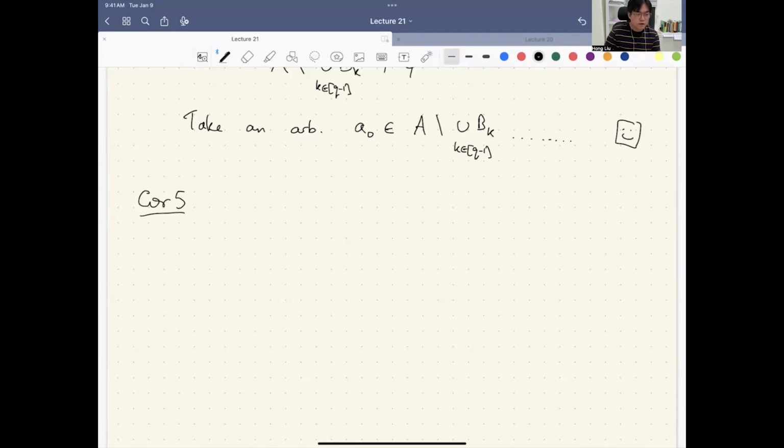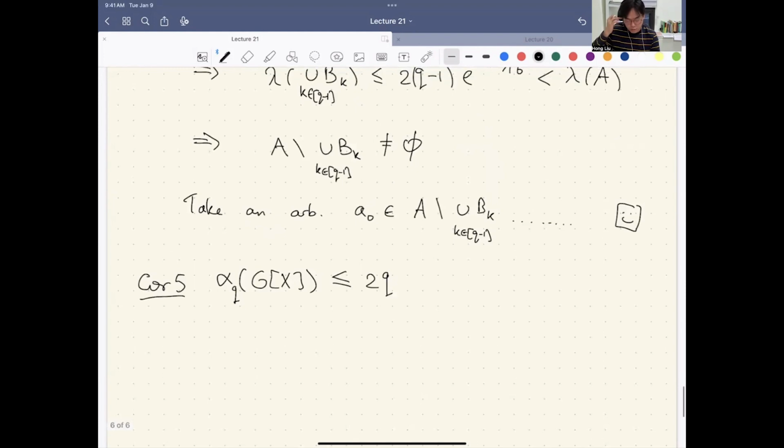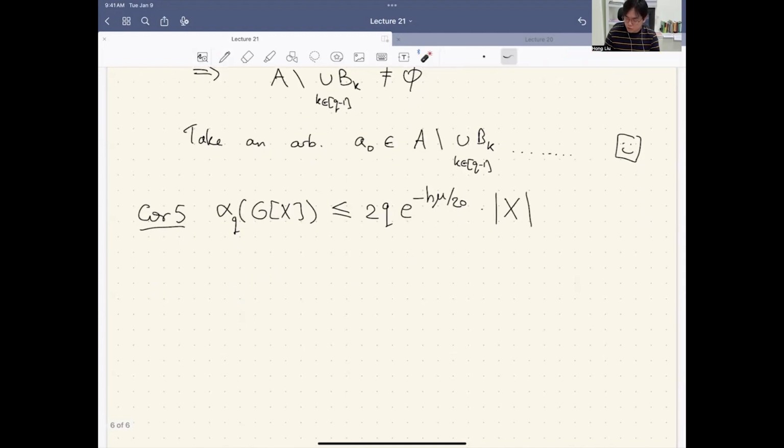Corollary 5 is that alpha Q of Gx, the Q's independence number, is at most 2Q e to the negative h nu over 20 times x. So we just need h nu goes to infinity, then this guy goes to 0. So it's a little o of n.